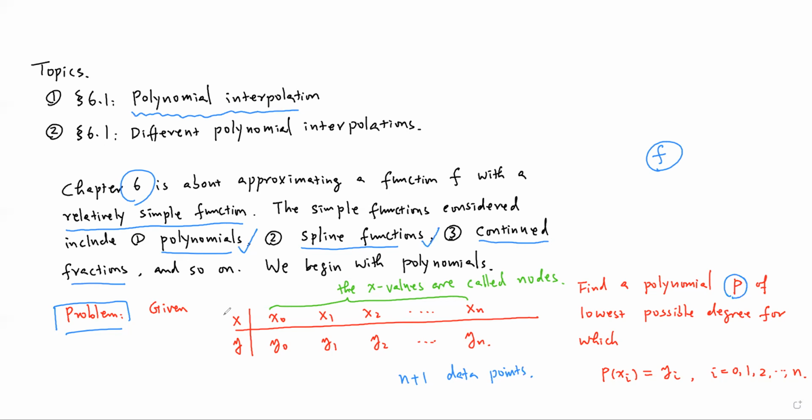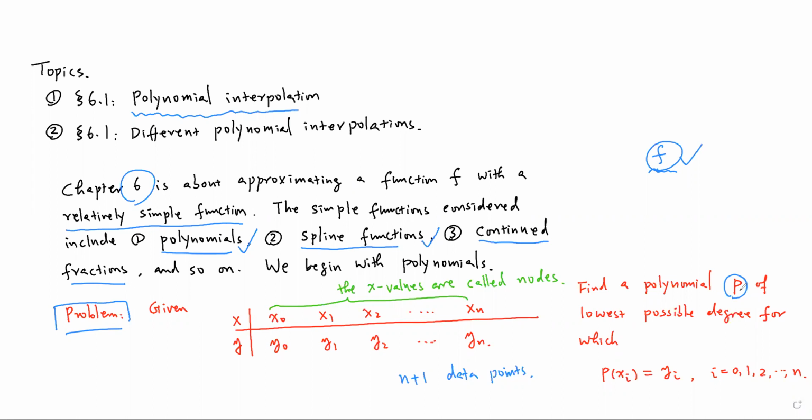There are two cases about function f. If we don't know function f, then we consider this polynomial a recovery of function f. The second situation is, if we know the function, then this polynomial is considered to be an approximation of the function f.